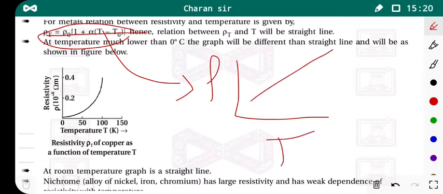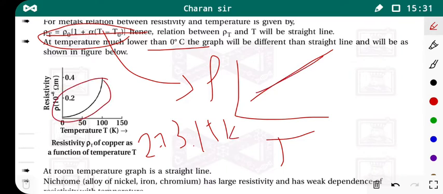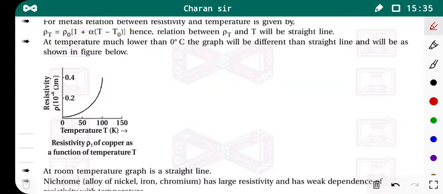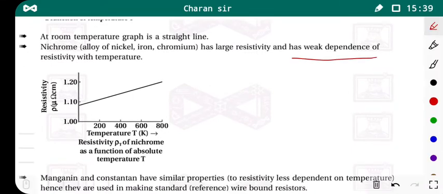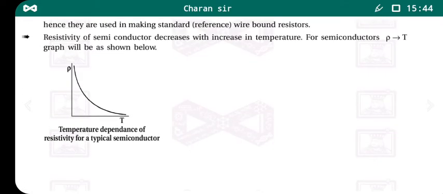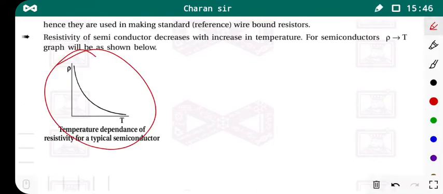But notice that below 0 degree centigrade, or below 273.15 Kelvin, the straight line behavior changes and a slightly deviated behavior is there. Then we discussed the alloy, where there is a weak dependence of the resistivity on temperature, and then the semiconductors, where the resistivity decreases with increasing temperature.